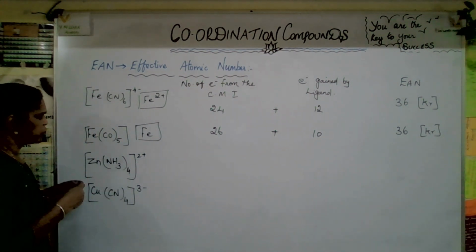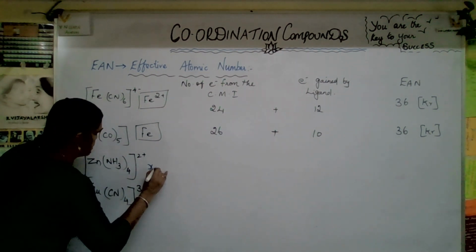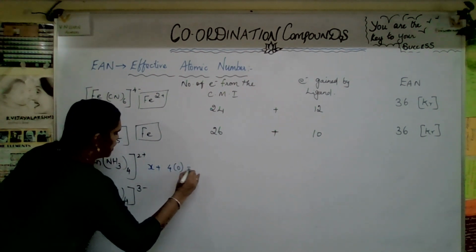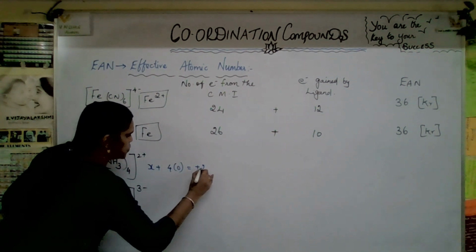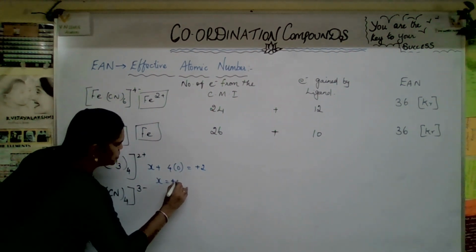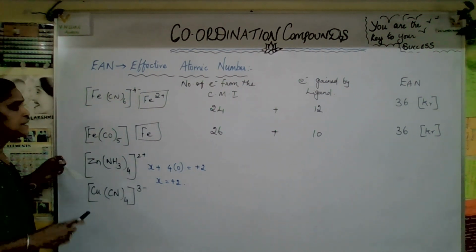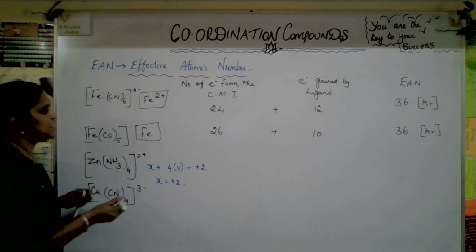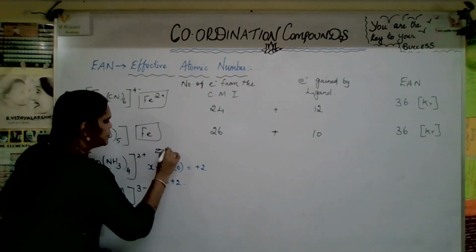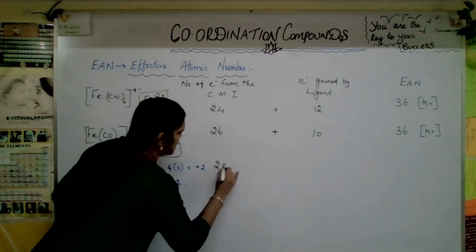Now, next one, Zn(NH3)4 2 plus. Okay, Zn, how to find the oxidation number? So X plus 4 into 0 equal to plus 2. So X equal to plus 2 only. Plus 2 means, atomic number of zinc is 30, and Zn2 plus naturally is 28.